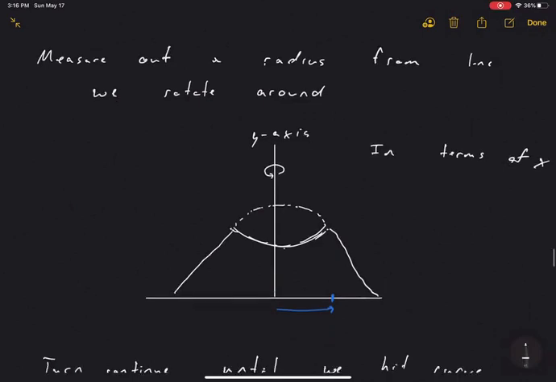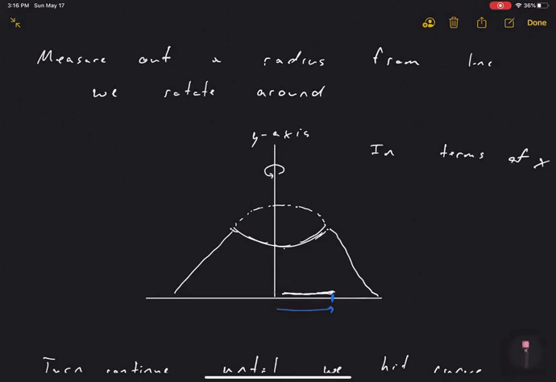Let's draw our cylinder like this. Let's first go perpendicular to the line I've rotated around. I've rotated around this y-axis, so let's first go out at 90 degrees to that, and let's measure out our radius.